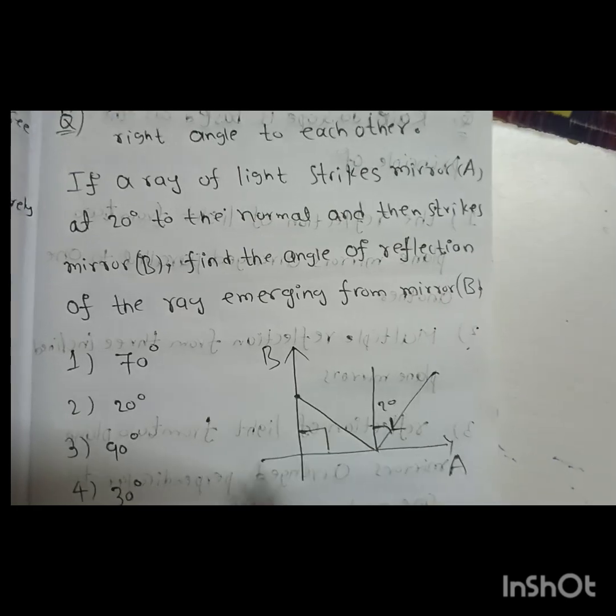So this is the normal. If it enters at an angle of 20 to the normal, then the reflected angle from the surface is 70.